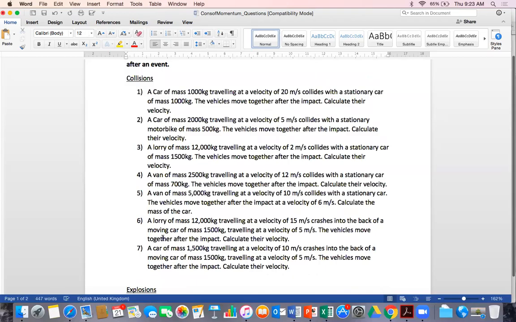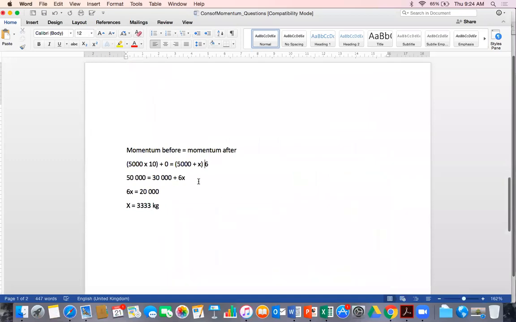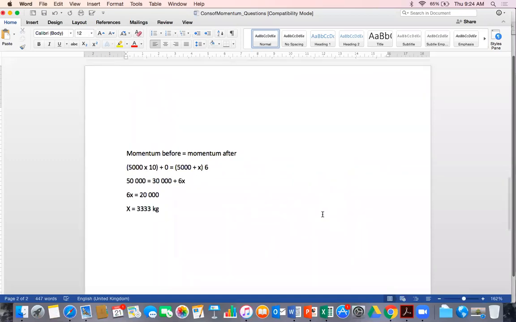For 1 to 7, it is this concept. You just have to see whether they stick together or they are separate, but essentially it's the same. Then the unknown is the one changing. Here it's the mass of the car.